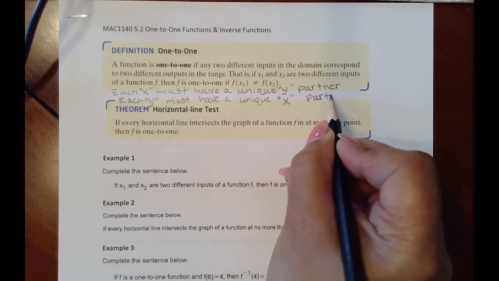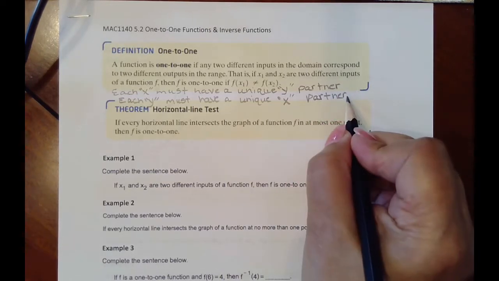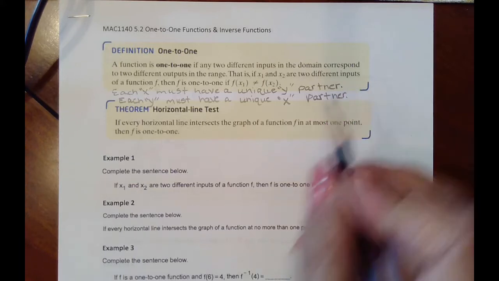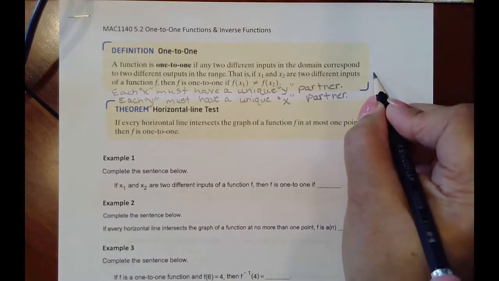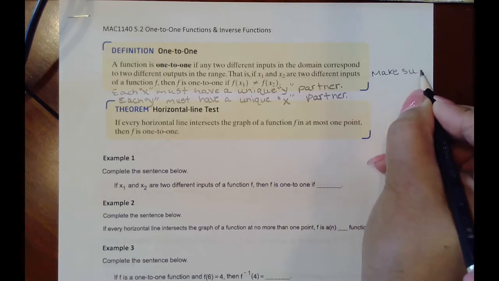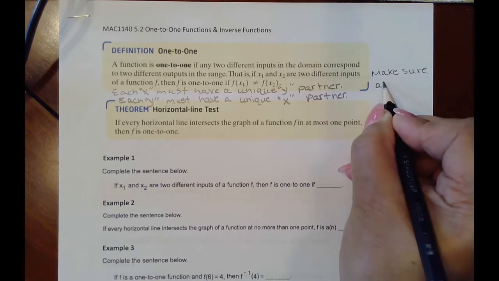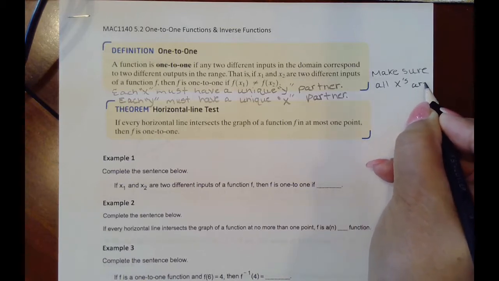Easiest way to check whether a function is one-to-one when you are given a domain and a range, a set of x input values and a set of y values, is to just make sure that all the x's are different.